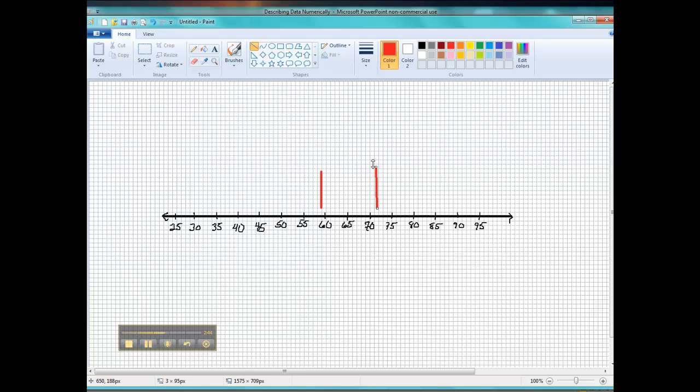And, oh my God, I hate this thing. And our last quartile was at 83. Stay put. 83.